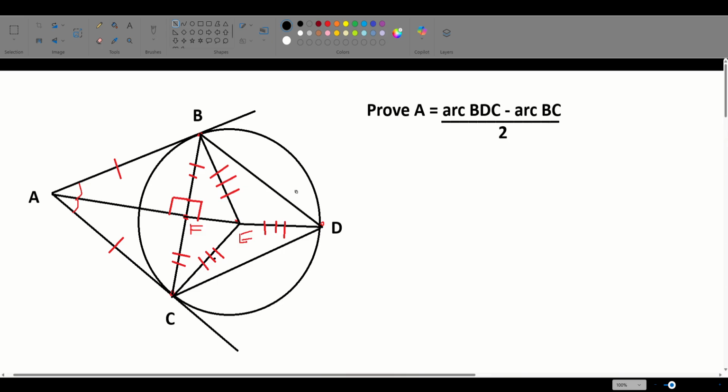Notice how we have formed three isosceles triangles. Let us label these angles as X. Wait, sorry, I'll label these first angles as Y.